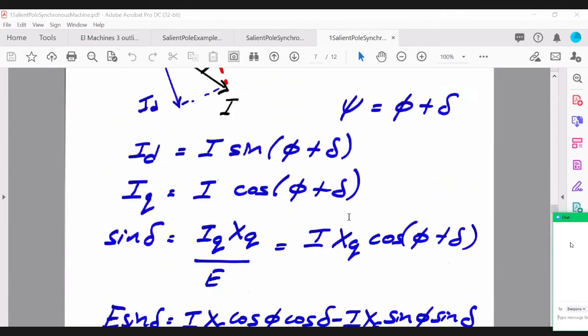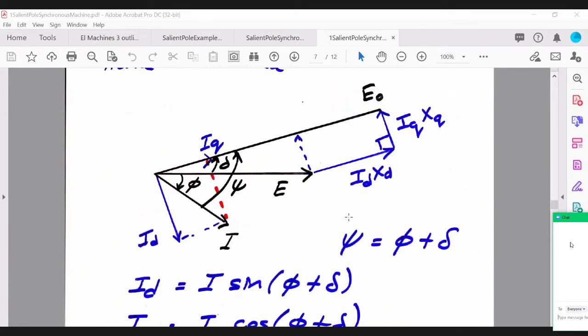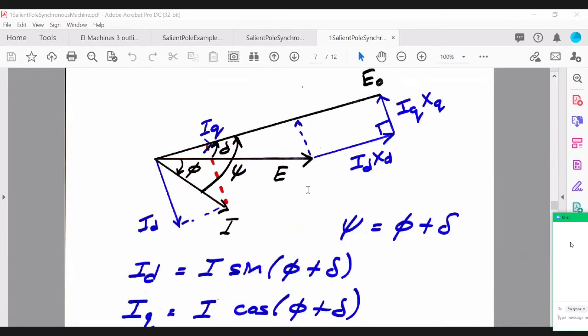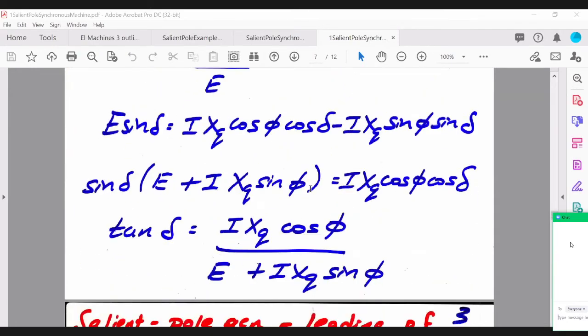Let's move to the next phasor diagram. So we've looked at the lagging power factor generator. If we move into leading power factor operation, obviously then we're going to flip this current, which is lagging by phi, upward. Now it's going to be leading the terminal voltage, as shown here.